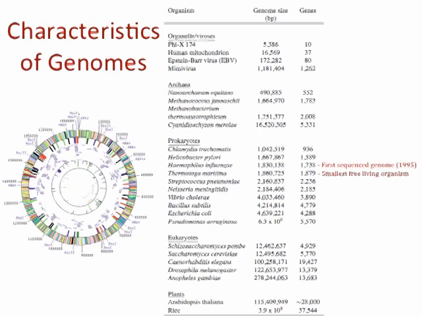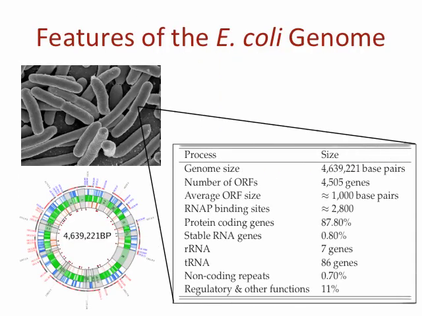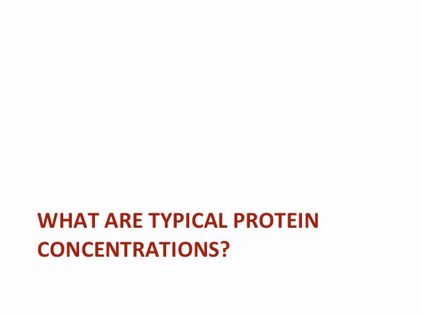The human genome, the haploid version, is about 3 billion base pairs in length. Here are some features of the E. coli genome, 4.5 million base pairs, 4,500 genes, as I stated earlier, about 1,000 to 1,100 base pairs per gene, and so forth. Some of these numbers are not that critical to us in this class.